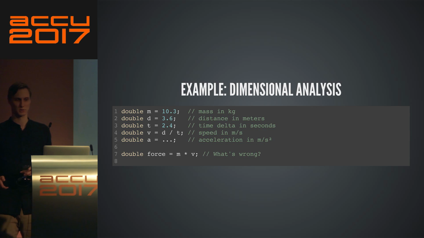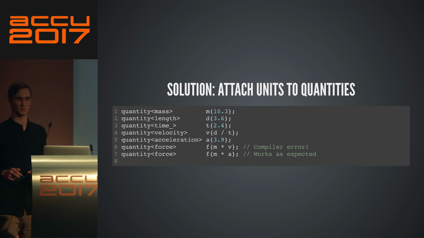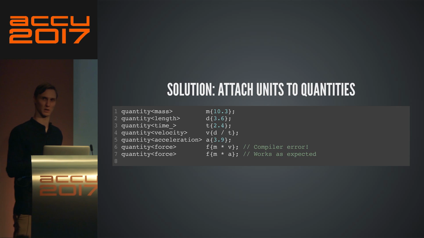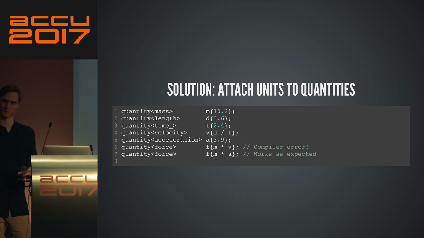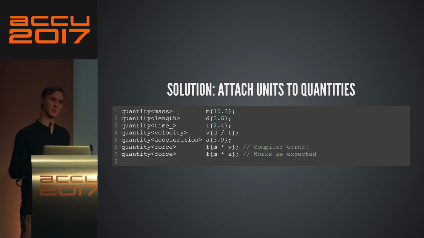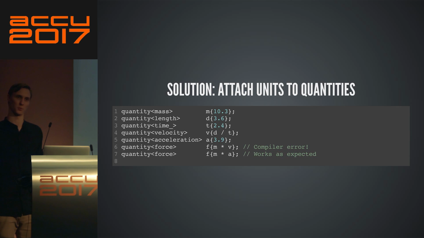So instead, the solution is to attach quantities to these values. To say, I know this is a mass, I know this is a length, and to imbue some sort of semantics to these quantities and how you can combine them together. And then make sure that you never try to assign something of the wrong type to something, essentially.